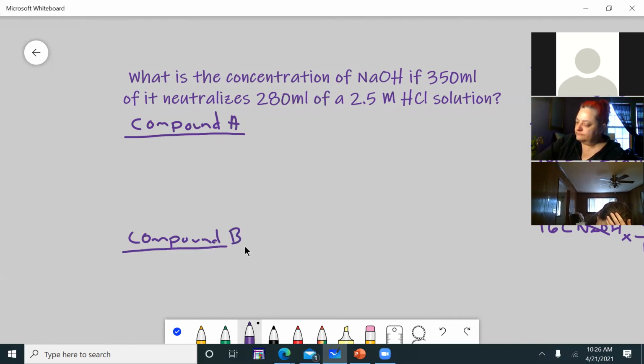And make sure you convert things into the units that we like for dimensional analysis. So what do we have more information on? What do we have less information on? And the equation will be the same. It's hydrochloric acid plus NaOH gives us H2O and NaCl.